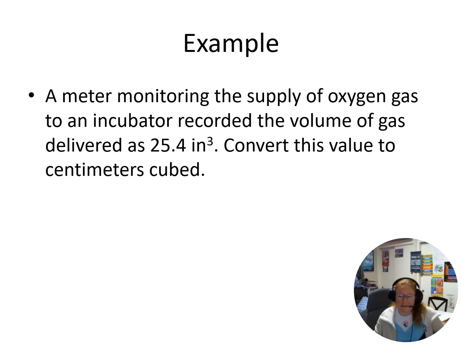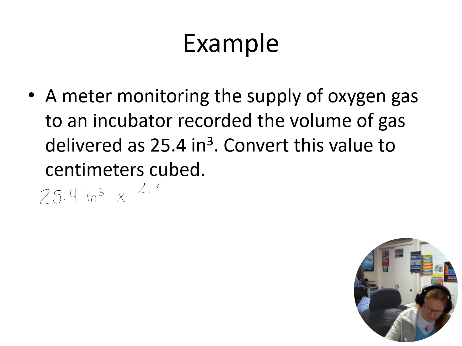All right, and then the last example here is just another one using squared or cubed units just to get that practice. This one's just going from inches cubed to centimeters cubed, and so again, we would take our 25.4 inches cubed, and we have 2.54 centimeters in every 1 inch, and we cube the whole thing.